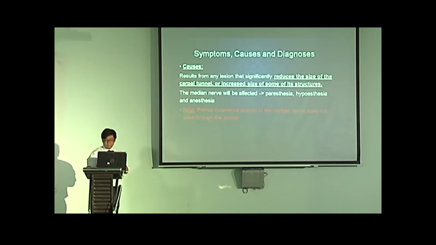So these are the causes. The causes result from any lesion that significantly reduces the size of the carpal tunnel or increases the size of some of its structures, which means not only the compressed median nerve but also enlargement of the other structures can cause this symptom too.